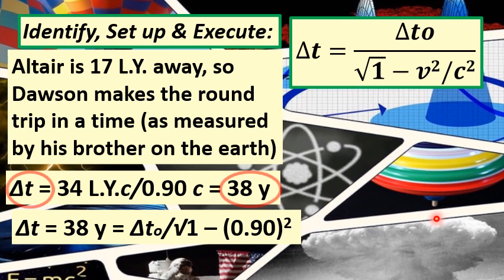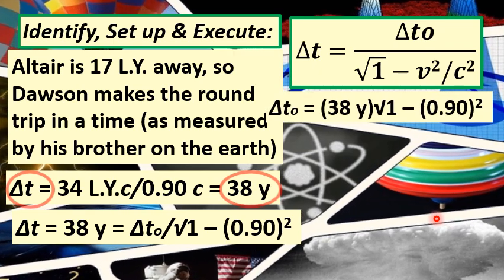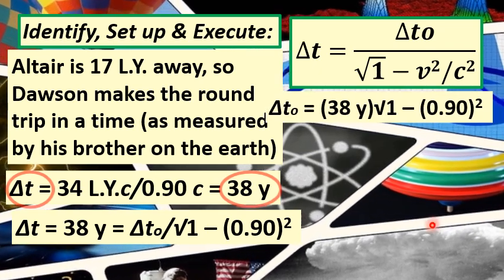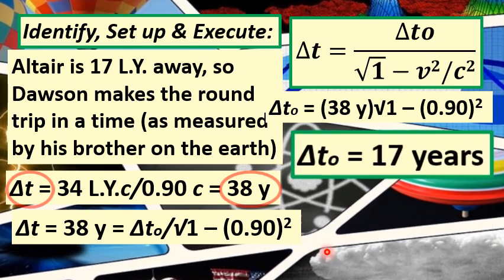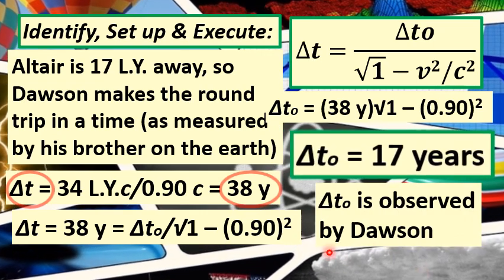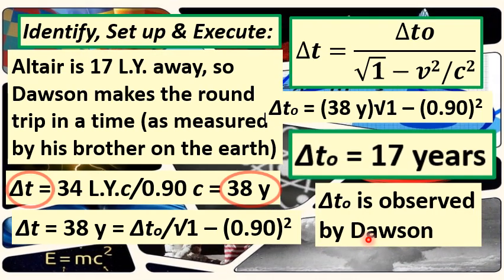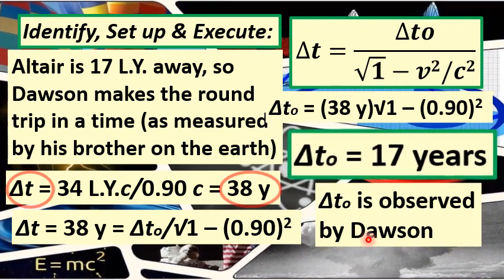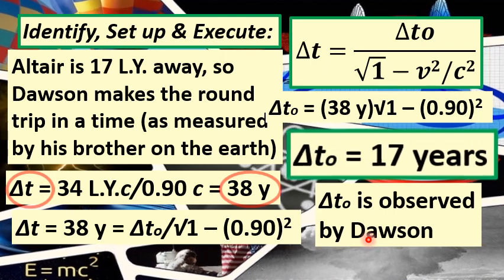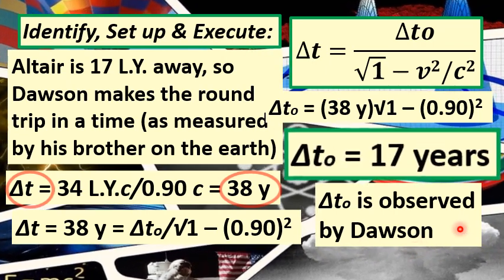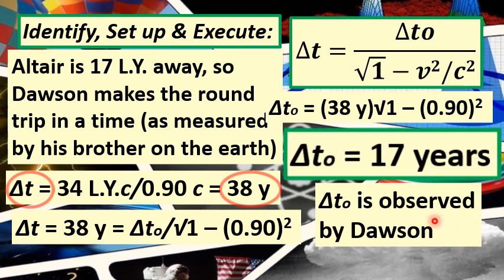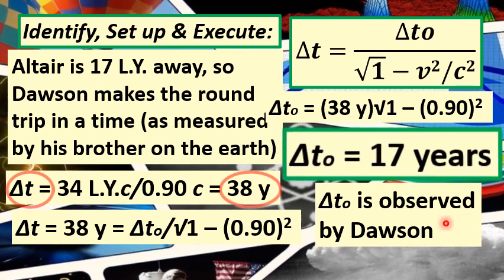And doing your math, we get the value of delta t naught equal to 17 years. So take note, delta t naught is the time of the round trip travel as observed by the space traveler Dawson.